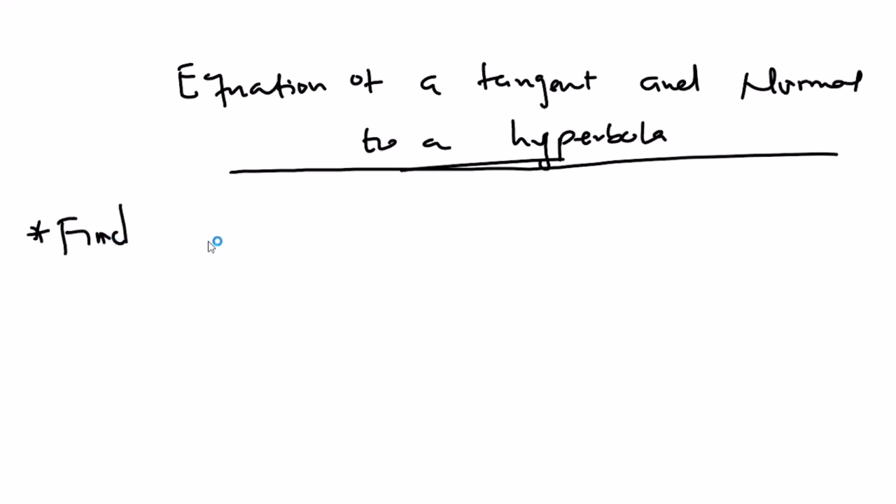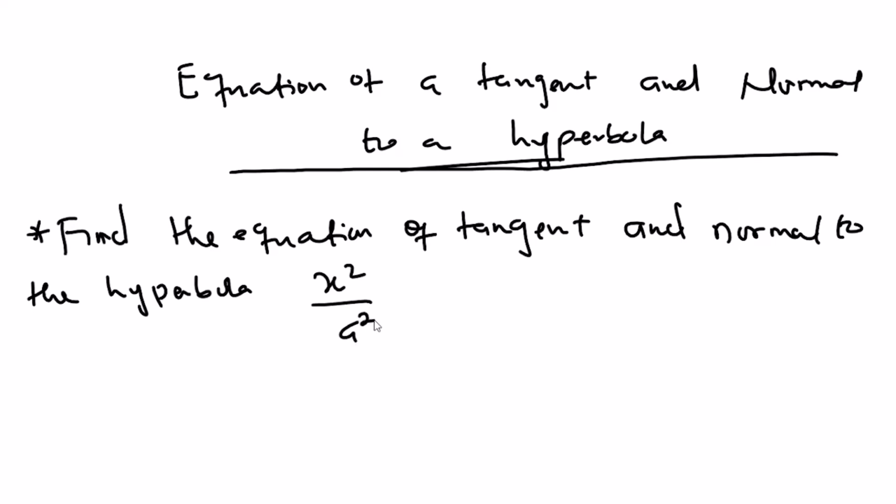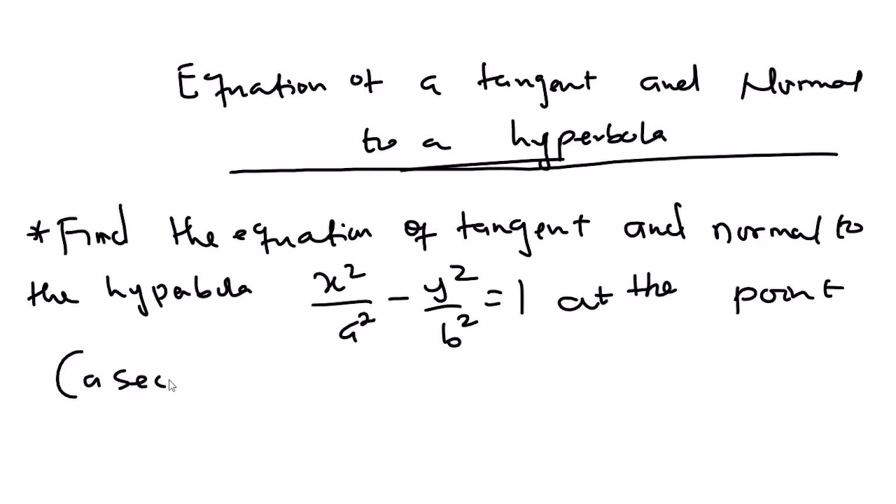So for example, find the equation of the tangent and normal to the hyperbola x squared on a squared minus y squared on b squared is equal to 1 at the point a sec theta, b tan theta.